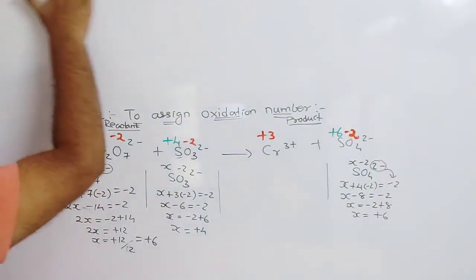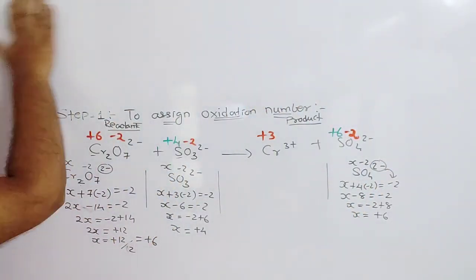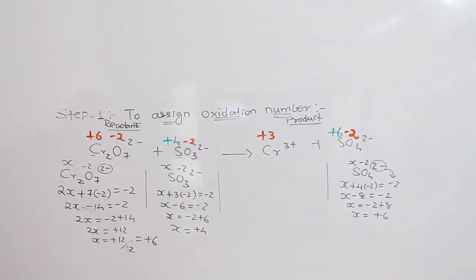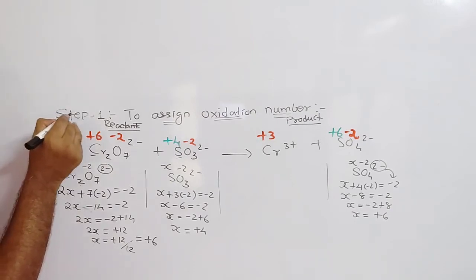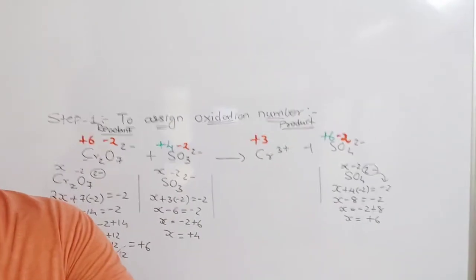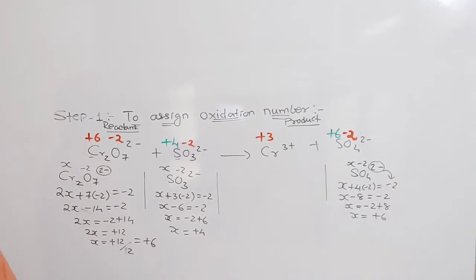Step 1 was assigning oxidation number. Now step 2. In your book, step 1 is writing the skeletal form of that equation, but here we have changed it a little bit. So you can write down what is written.